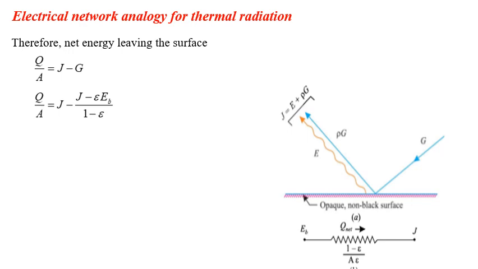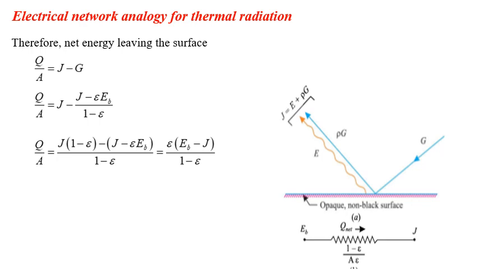Q by A is equal to J minus G, and we know what G is: G is J minus emissivity into EB divided by 1 minus emissivity. Simplifying that, we get J into 1 minus emissivity minus J plus emissivity into EB, divided by 1 minus emissivity. Taking the common term, we get emissivity into EB minus J divided by 1 minus emissivity.